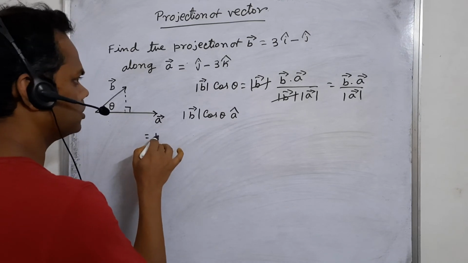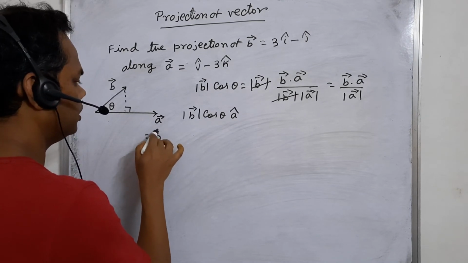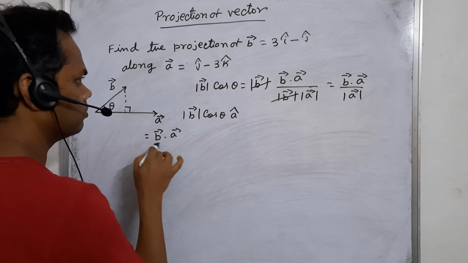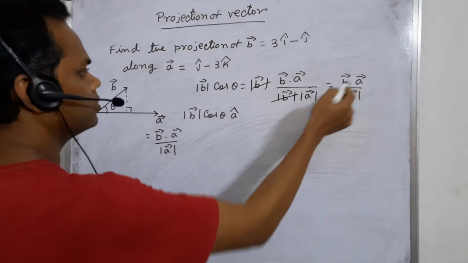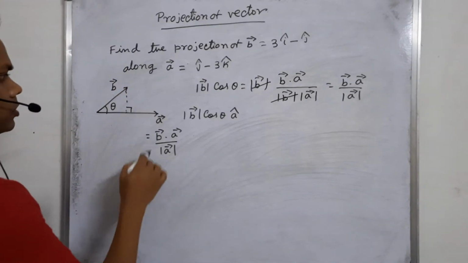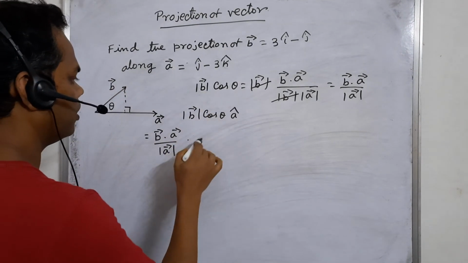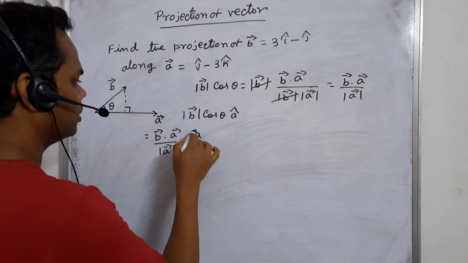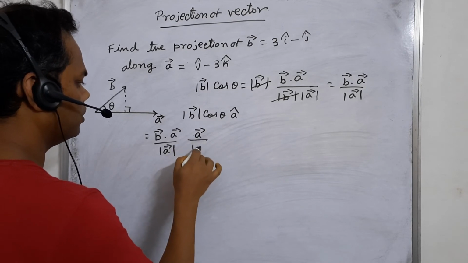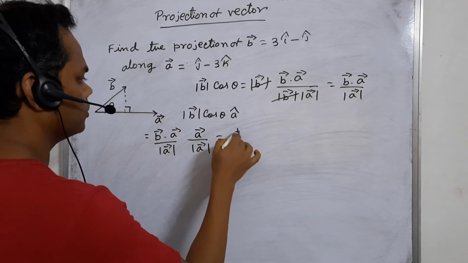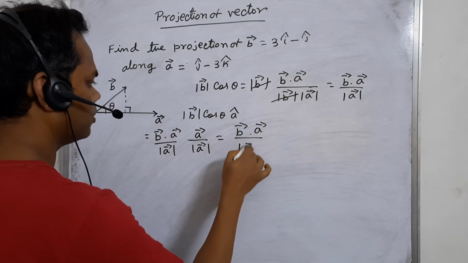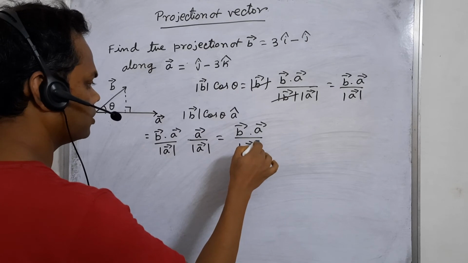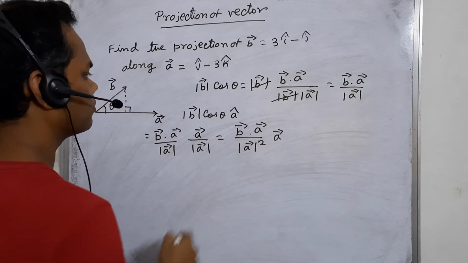This becomes b dot a by mod a, because mod b cos theta equals b dot a by mod a, and a cap is a vector by modulus of a vector. So it is b dot a vector by modulus of a vector square into a vector.